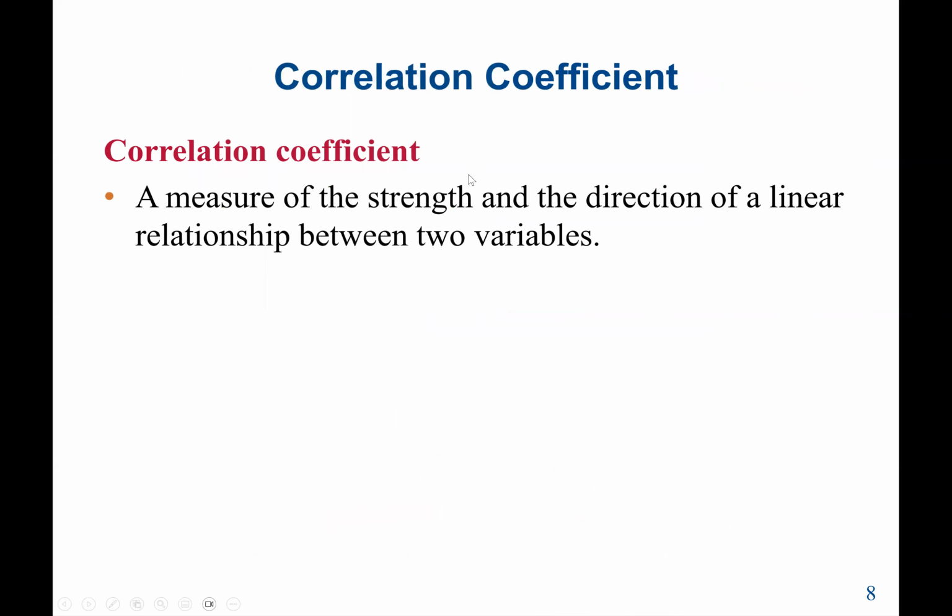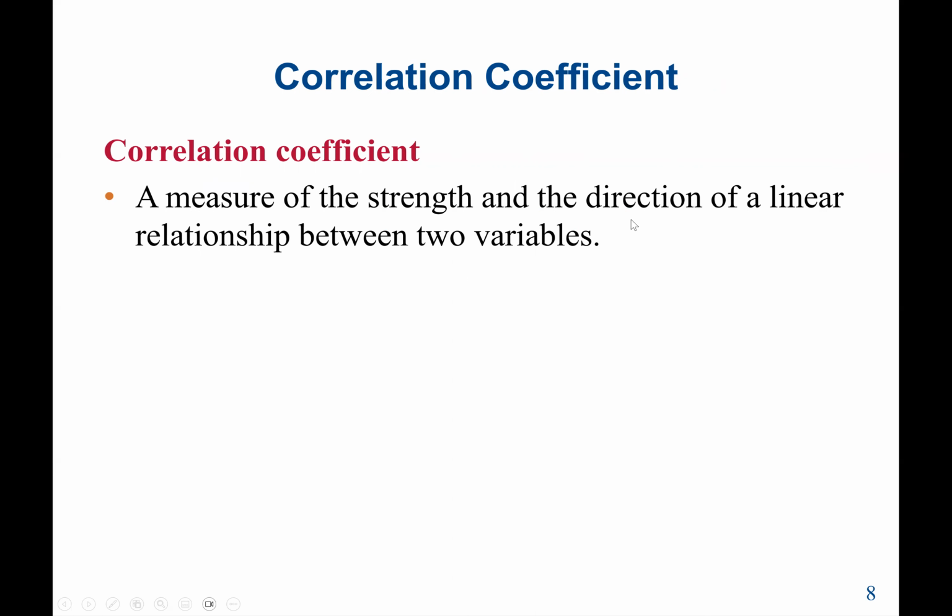Next, we will go through what a correlation coefficient is. When we find the correlation coefficient, the value will determine the strength of the relationship between the two variables. The correlation coefficient measures the strength and also the direction of a linear relationship between two variables.